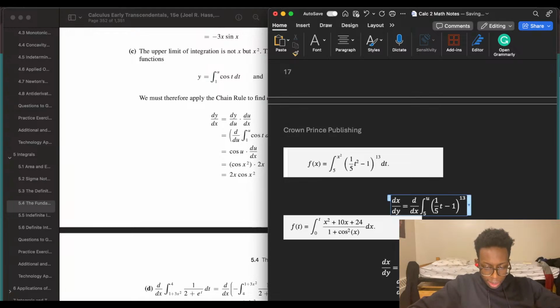And then not plus, so then it'll be times the du/dx.